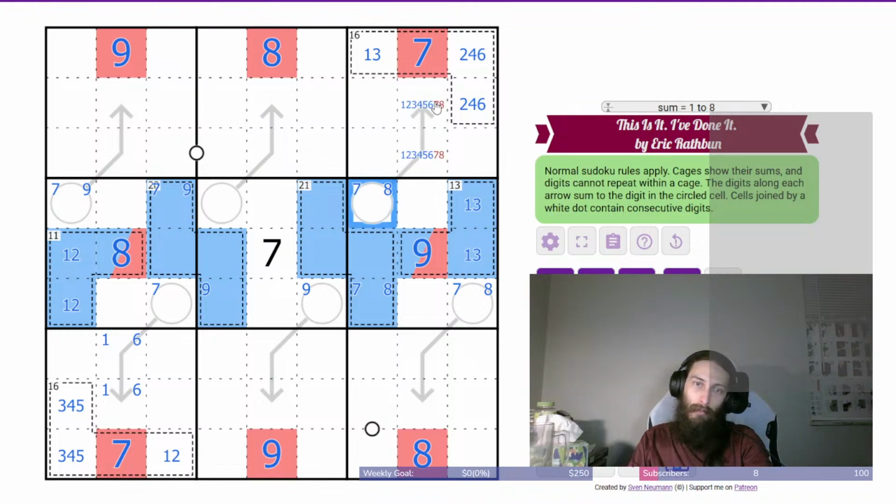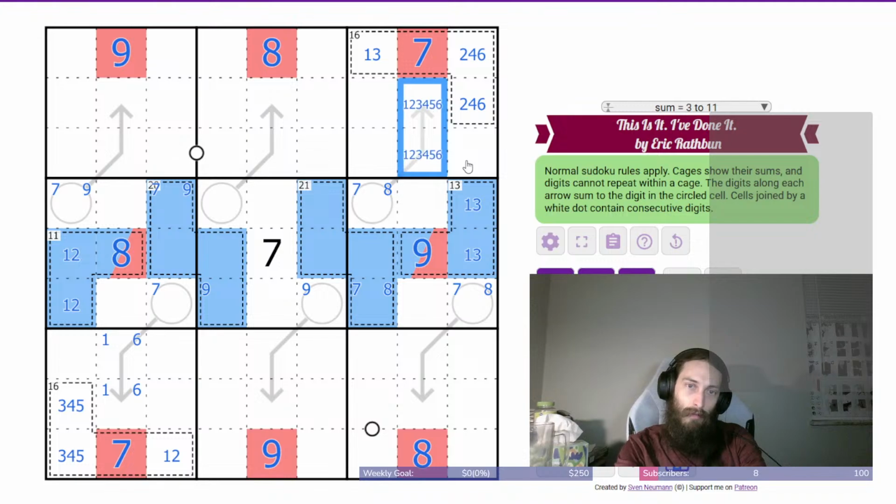If this were 7 or 8, for 2 7, has to be. It can't be. Could be 3 and 4, and it could be 1 or 6. Right. And if it's 8, it can't be 2 and 6.